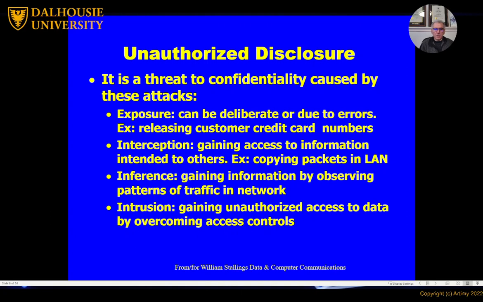This could be exposure, deliberate or by mistake. For example, credit card information stored in an organization's database for customers could be subject to attack. Somebody will go and take that information, or an employee may by mistake leave the information available to the public or print it on a piece of paper.